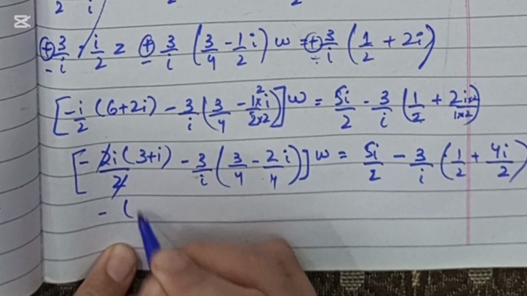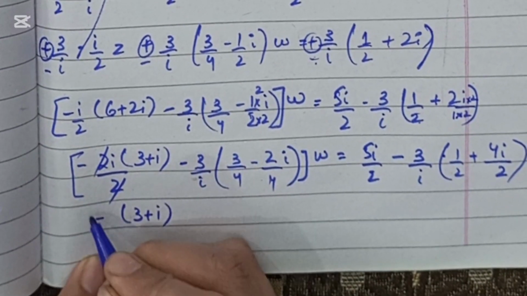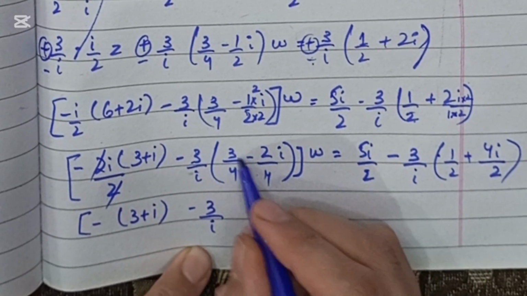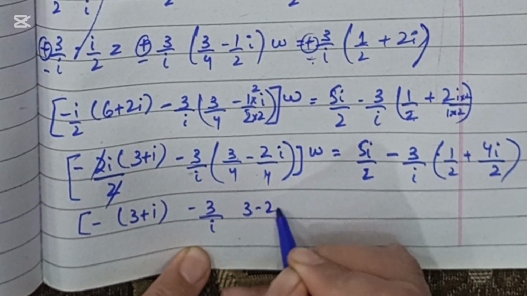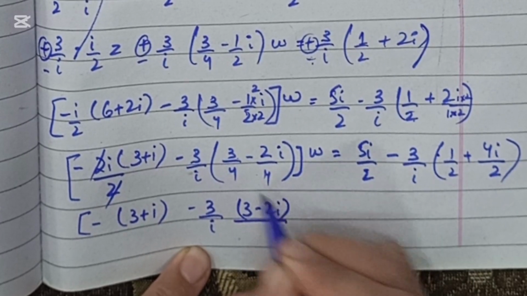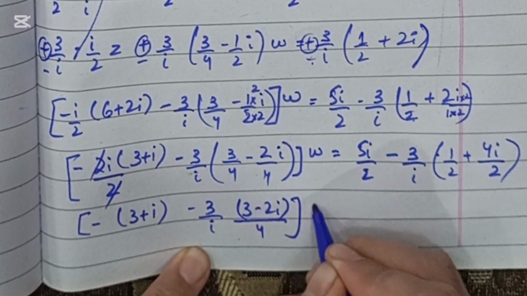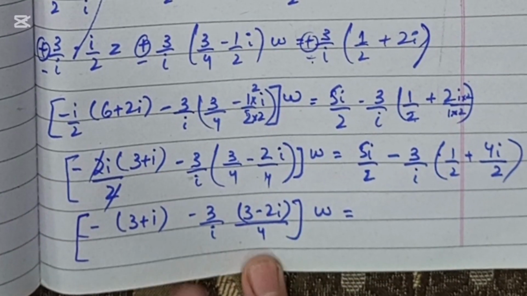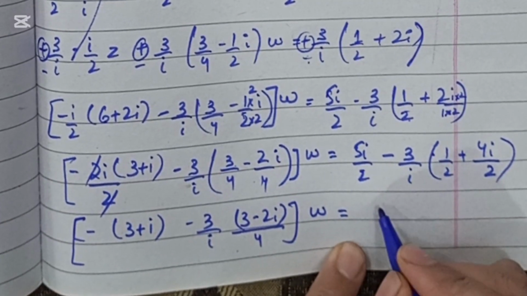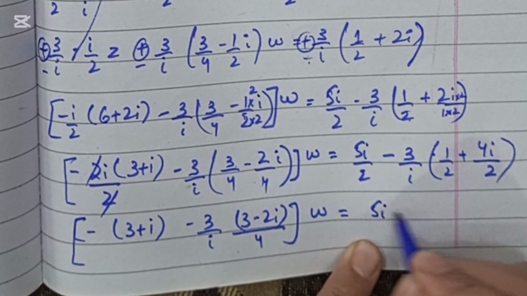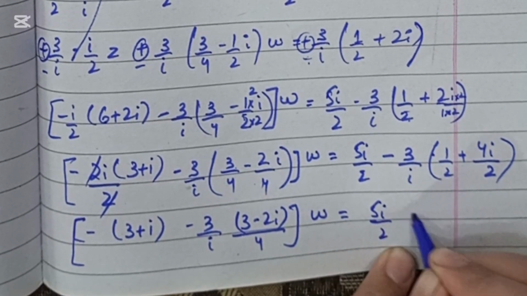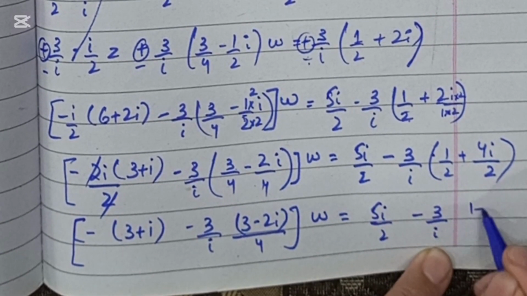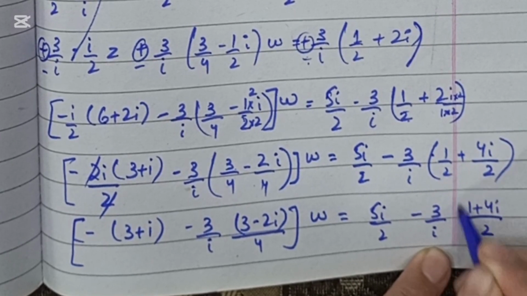Here it will be minus 3 plus iota, minus 3 by iota, 3 minus 2 iota divided by 4. Okay, it would be like this. And on this side, 5 iota by 2 minus 3 by iota into 1 plus 4 iota divided by 2.